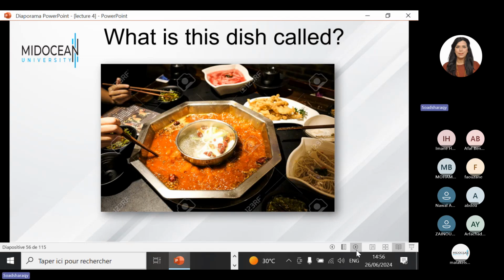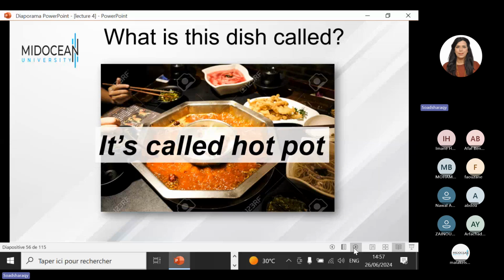What is this dish called? Do you know this dish? I don't think so. It is a soup. Okay. So this dish is called hot pot.